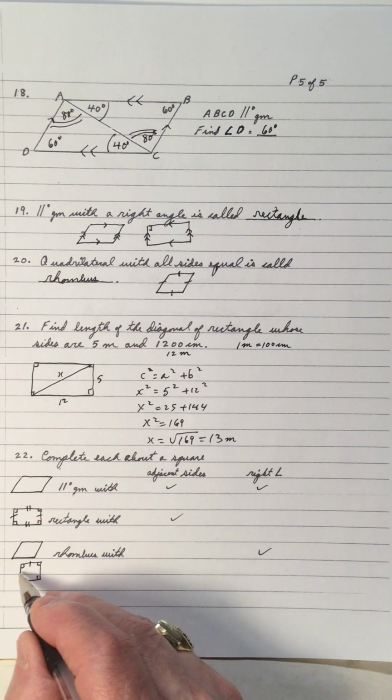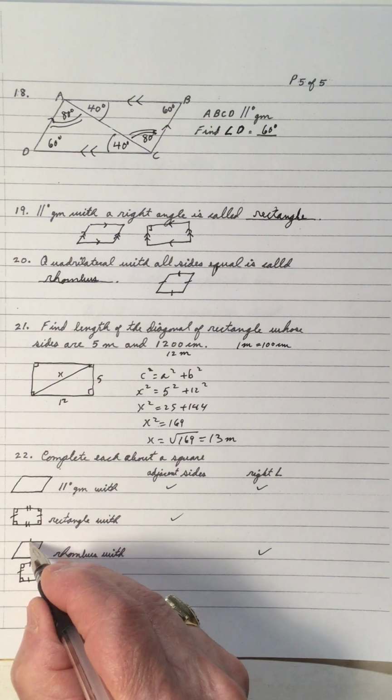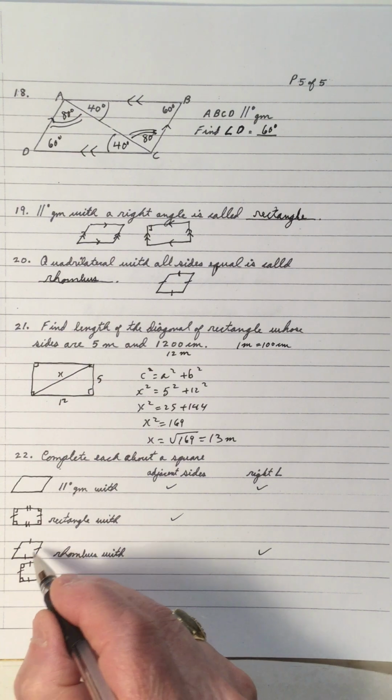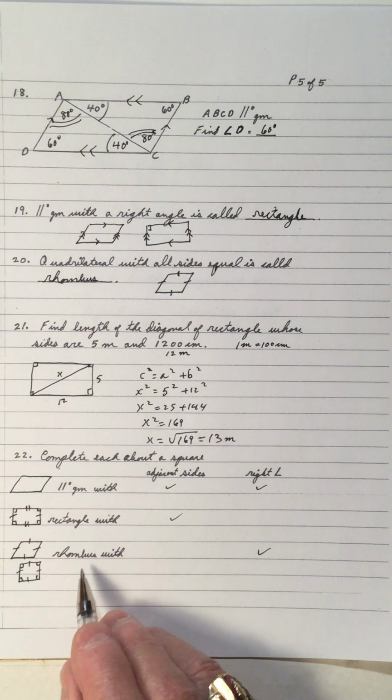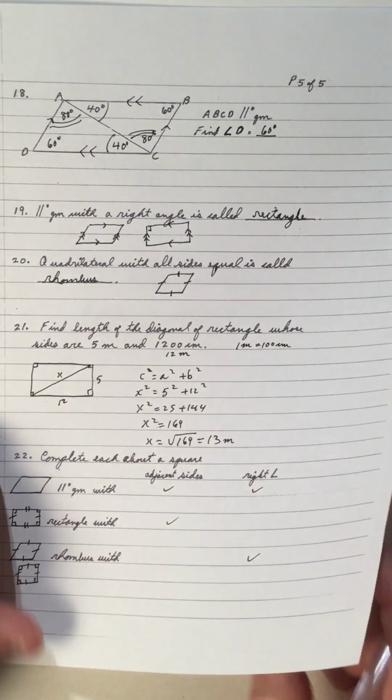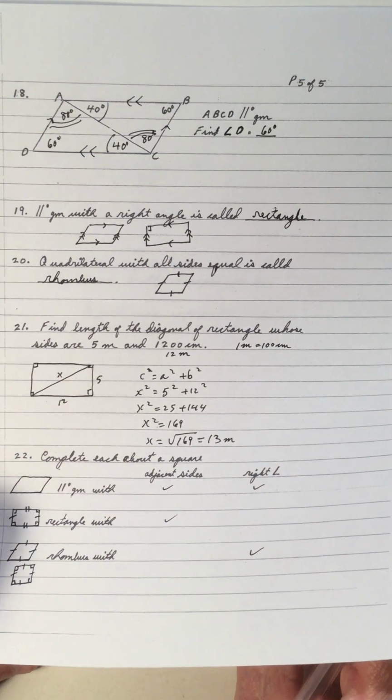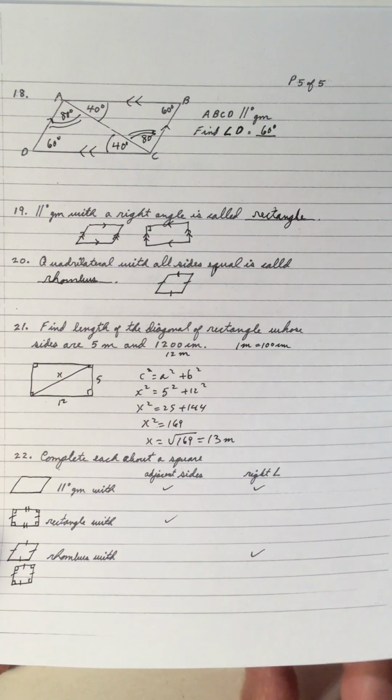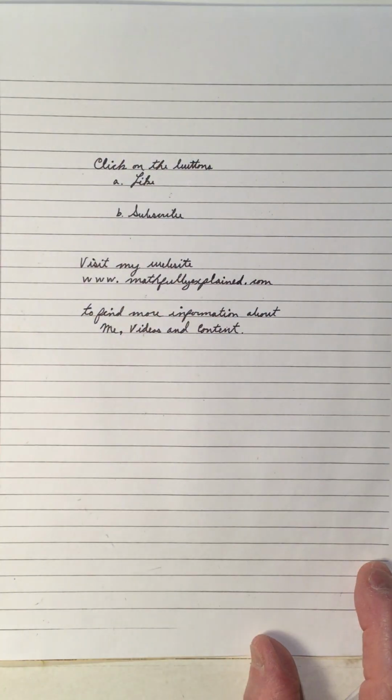All the sides are equal. But you have to have a right angle in a rhombus to get a square. It's just a review of the quadrilaterals properties. So that brings us to the end of the review on the fundamentals of geometry.